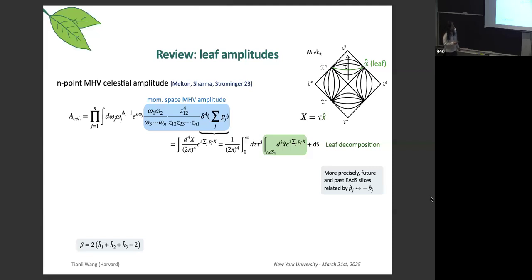We can write the delta function in the usual way as the integral of plane waves. Then we can break up this bulk integral into one part over the time direction tau, labeling different leaves, and a part over a unit AdS leaf. This is the so-called leaf decomposition. I'll shade everything related to one leaf green on this slide.